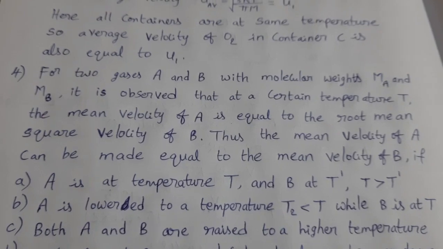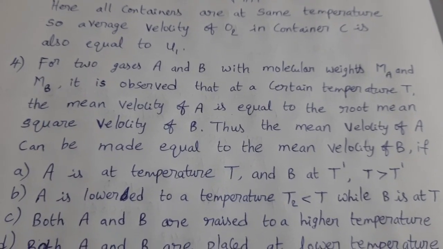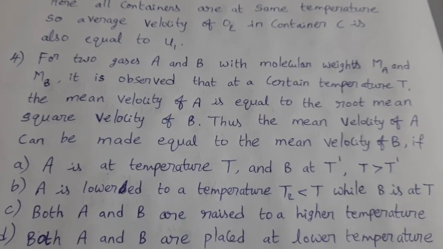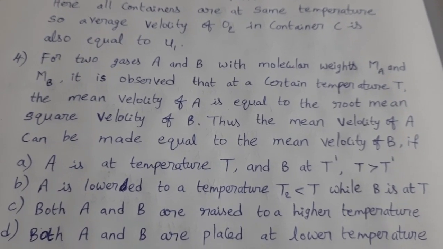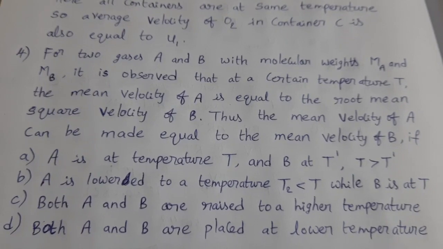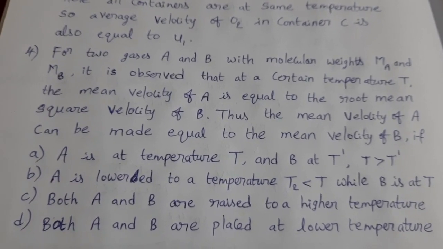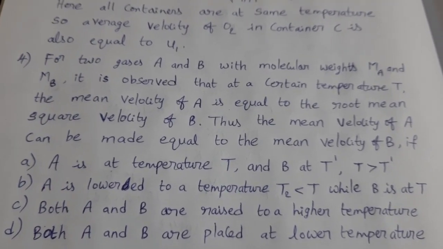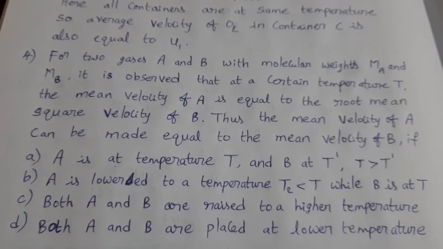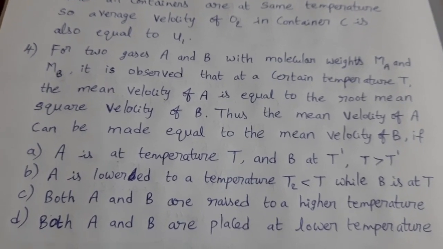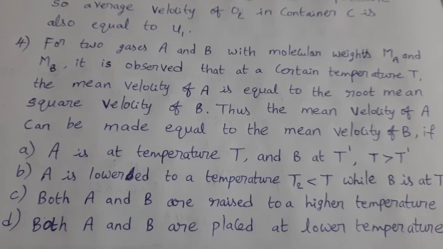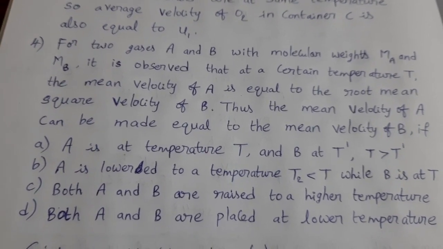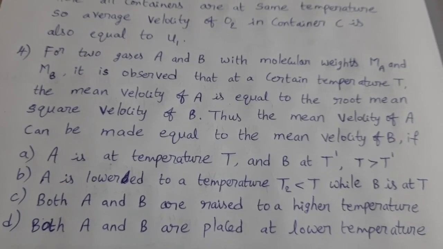Students, understand the question carefully. 2 gases, molecular weights are given, MA and MB. At a particular temperature T, the mean velocity, here mean velocity means average velocity. Mean velocity, average velocity, both are the same. So the average velocity of A is equal to the RMS, root mean square velocity, of B.